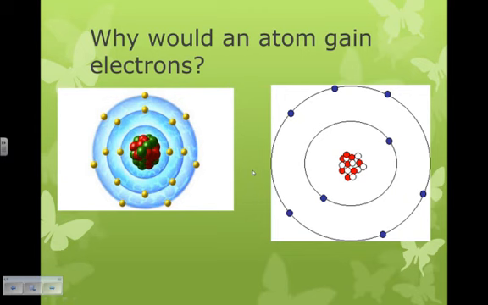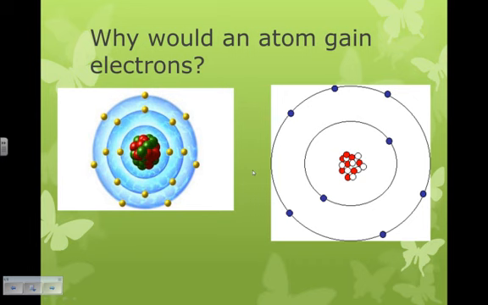So why would an atom gain electrons? Well, if we look over here to the left, this has 7 valence electrons, or 7 electrons in its outer shell. So it would only need 1. This is chlorine. It would only need 1 to be full, and it's much less energy involved in just taking that 1 rather than losing all of these other 7.